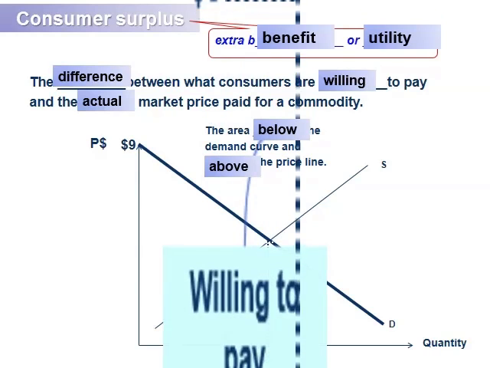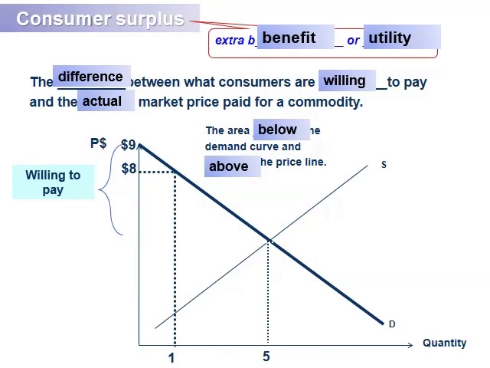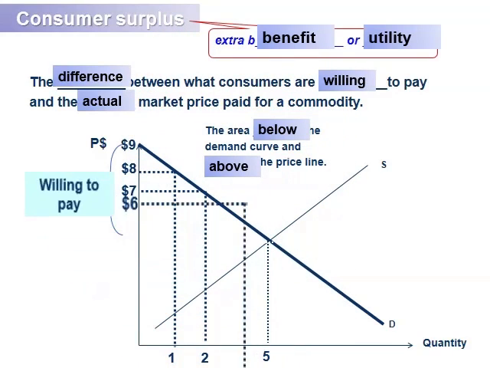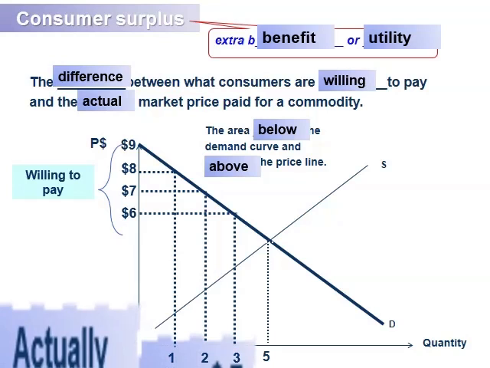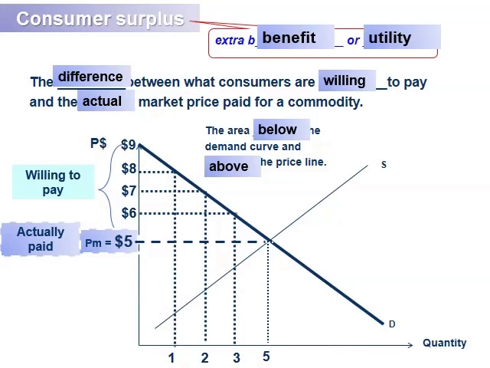So as we look at why this is an extra benefit or surplus, we can see the consumer is willing to buy 1 unit for $8, 2 units for $7, 3 units for $6, and 5 units for $5. But the consumer actually gets to pay $5 for all those units because that's the market price.